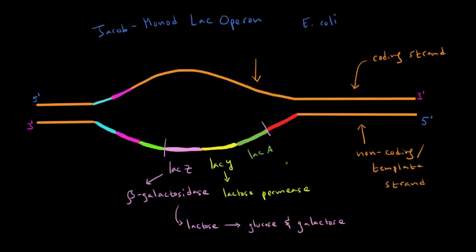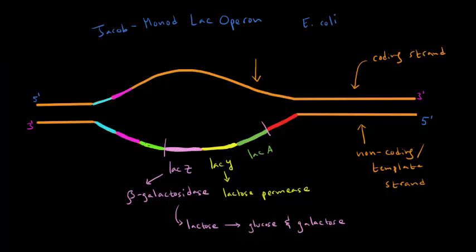And lactose permease helps the cell bring lactose into the cell. And the LacA gene also codes for an enzyme that helps in lactose metabolism. We just won't focus on it because it's not as important as the LacZ and LacY gene. So these genes are all needed for the metabolism of lactose.